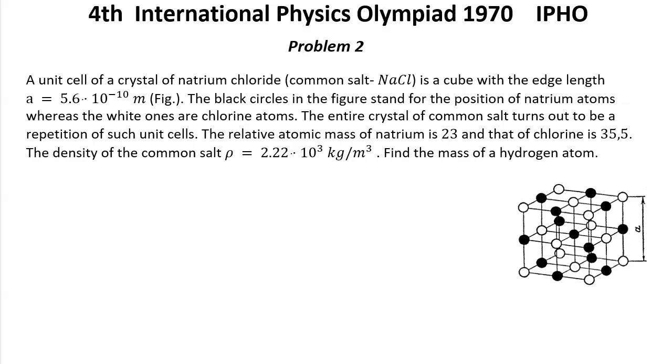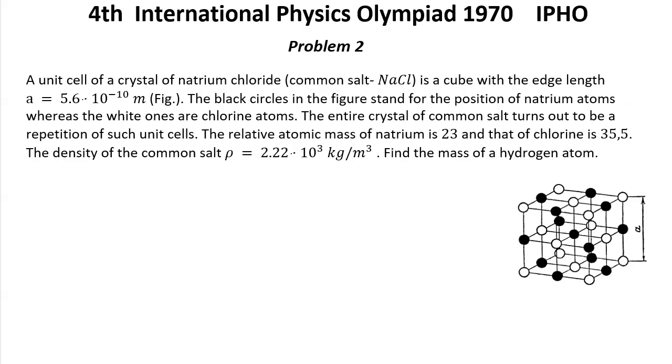The black circles in the figure stand for the positions of natrium atoms, whereas the white ones are chloride atoms. The entire crystal of common salt turns out to be a repetition of such unit cells.